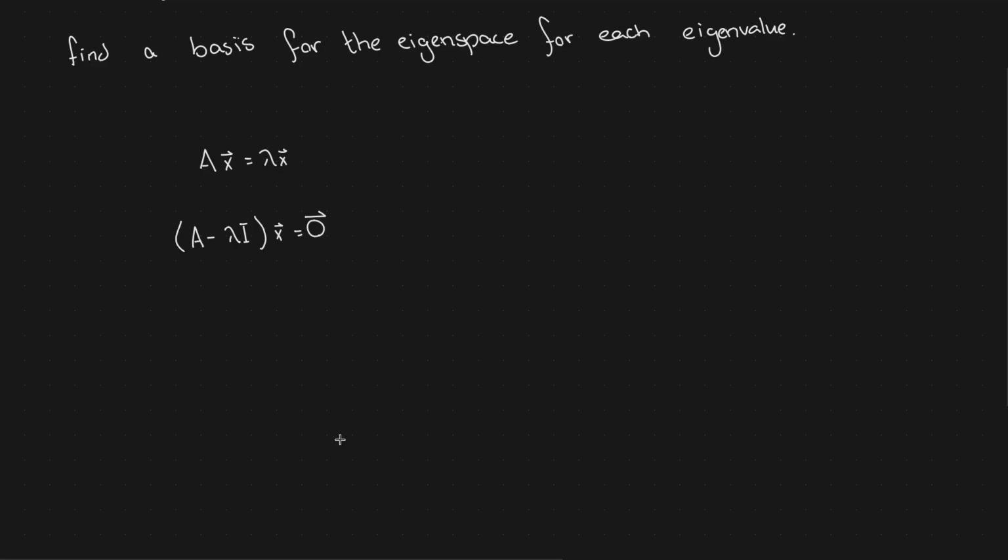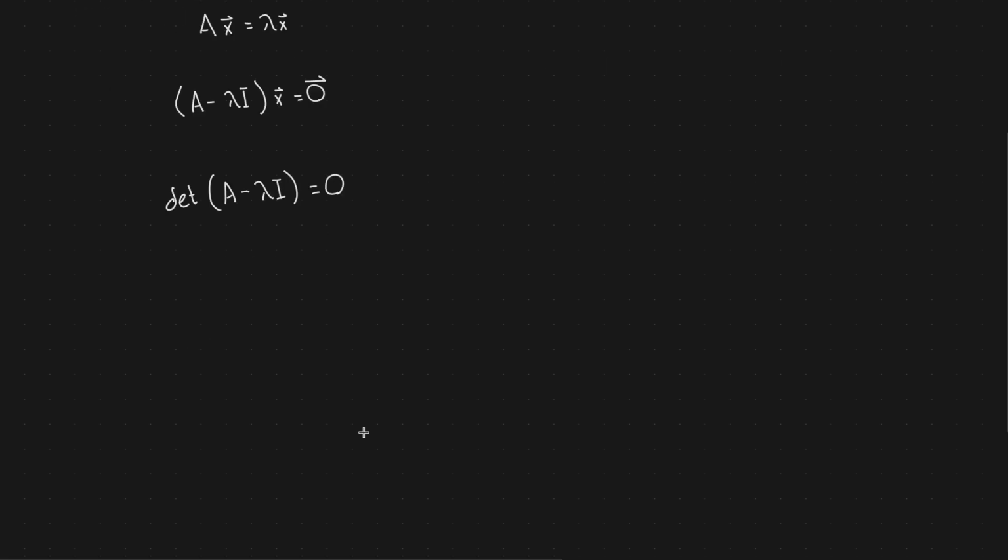We want this to have non-trivial solutions, and that only happens when we satisfy the characteristic equation, the determinant of the coefficient matrix A minus lambda I equals 0. We need this matrix to be singular. So this characteristic equation is how we find our eigenvalues. All right, so let's solve this characteristic equation.